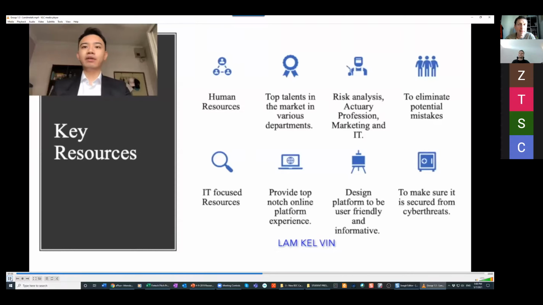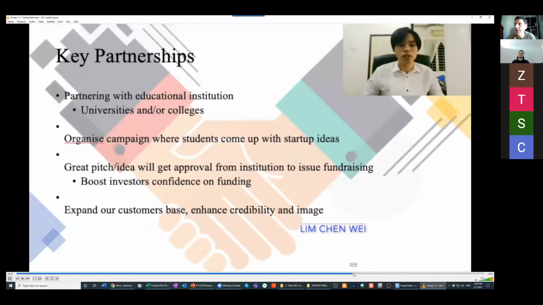By designing the platform to be very user-friendly and very informative, so that our investors and issuers know what they are going to do and what they are going to benefit from it. And we are also going to make it very secure, so that there is no cyber threats or anything, to protect our user base. So we mentioned that one of our key activities is to organize competition and campaign for students.